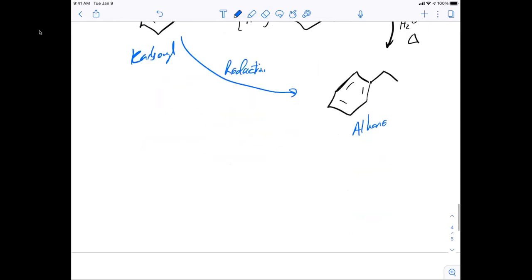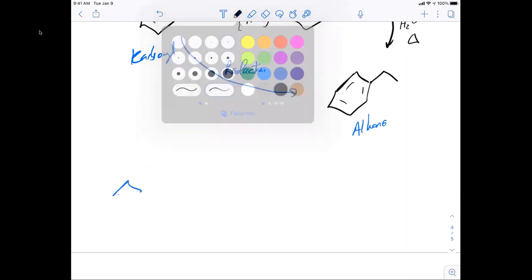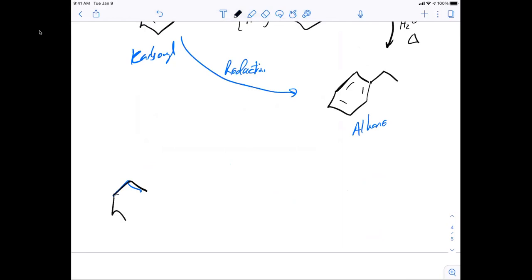Now the mechanism on this one is worth showing in detail if I draw the starting material correctly.